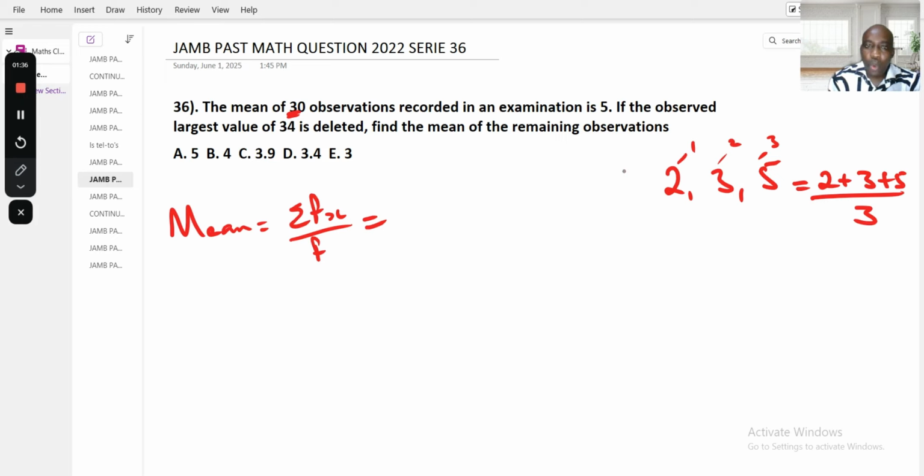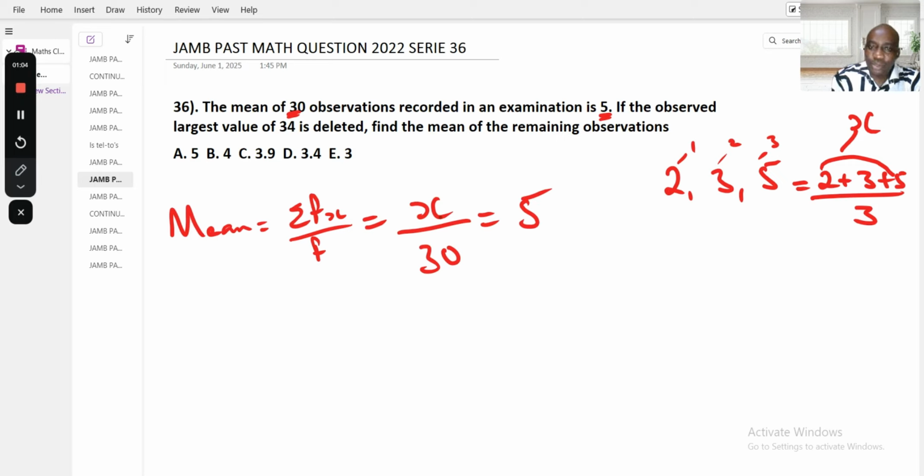What we just know is the number of the frequency, which is 1, 2, 3, only 3 observations, but this one there are 30 observations. Let's assume the total is x. Just say x over 30, that we divide with the frequency, and we get a mean of 5.